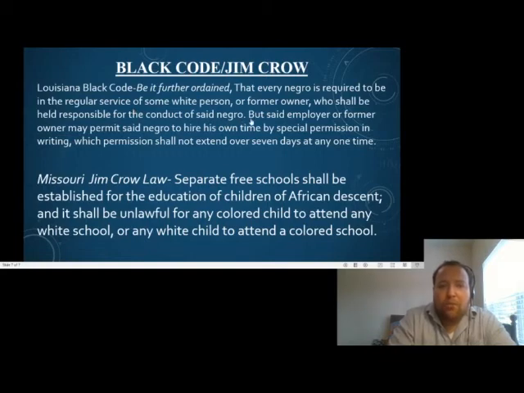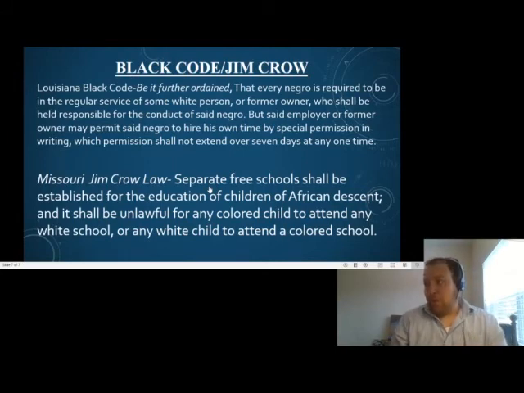This is from the state of Louisiana. I can't remember what city it's from, but it basically states that any African American needs a special permit from their employer in writing. Oftentimes, curfews were implemented for African Americans. They weren't allowed to go out past a certain time.